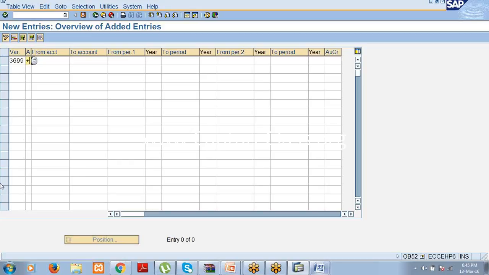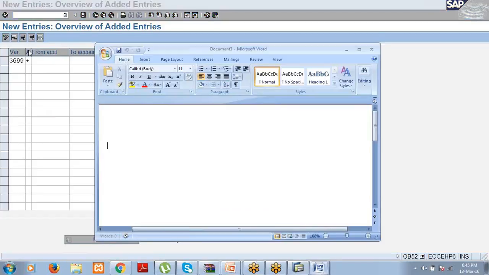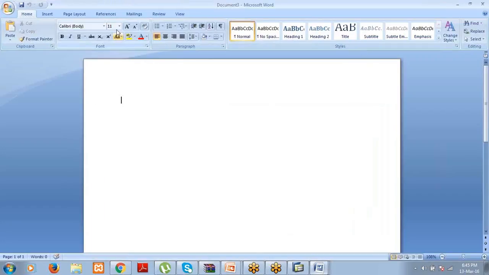The following are the account types in SAP.